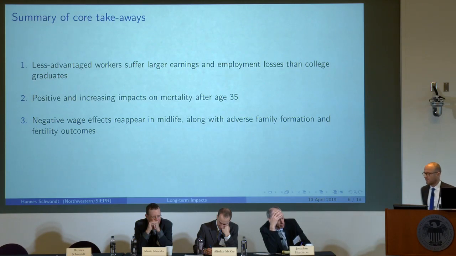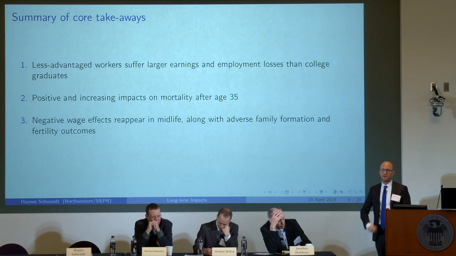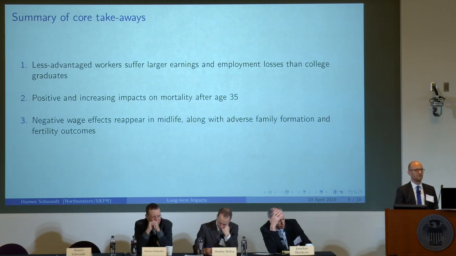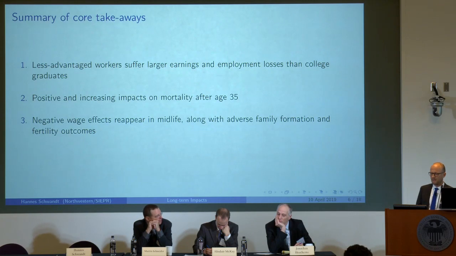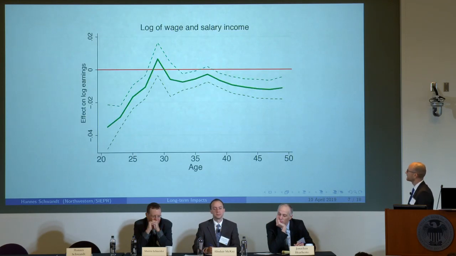Finally, when we look at this extended age period, and analyze socioeconomic status and other outcomes, we find that actually negative effects on wages reappear. And they come along with adverse outcomes for family formation and for fertility.